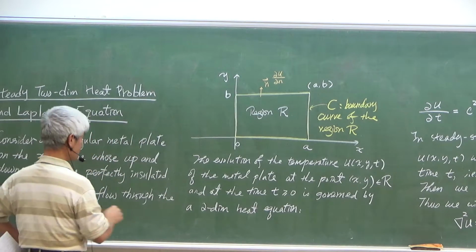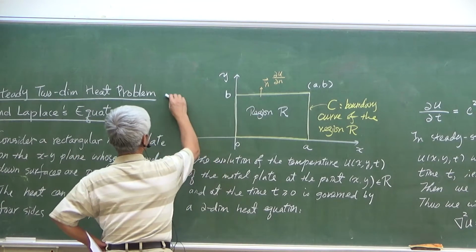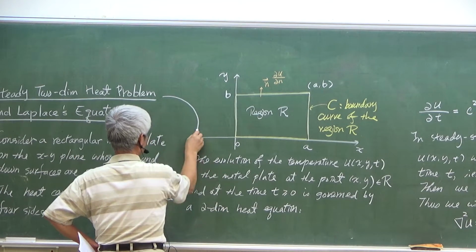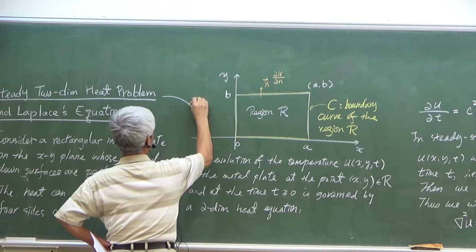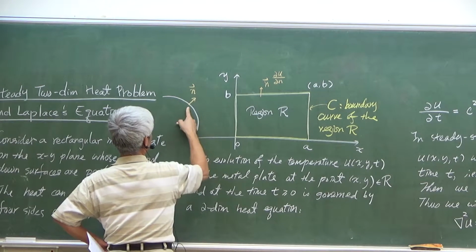Okay. In general, if we have a curve like this one, right? So at this point, we find a normal vector. Okay.